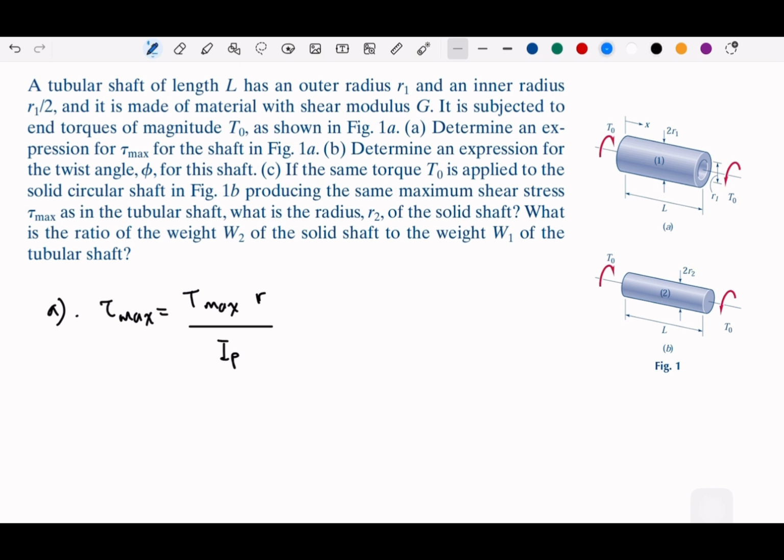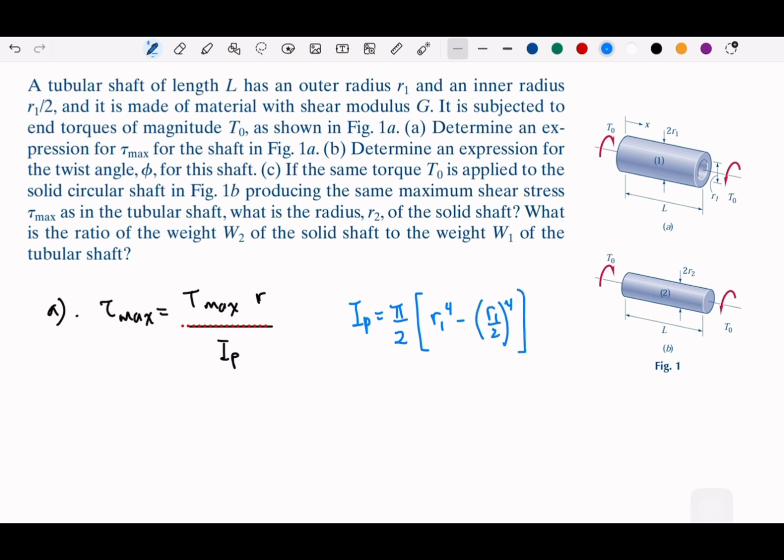The polar moment, if you see from the picture, is basically pi over 2, where the outer radius is R1 and the inner radius is R1 over 2.